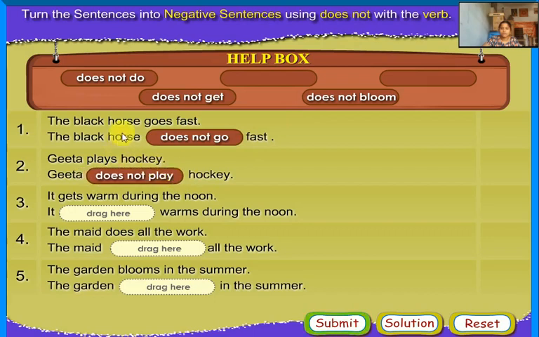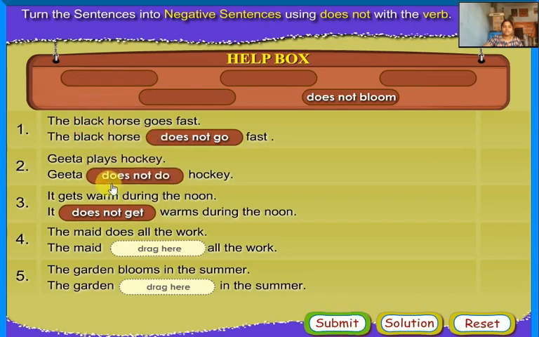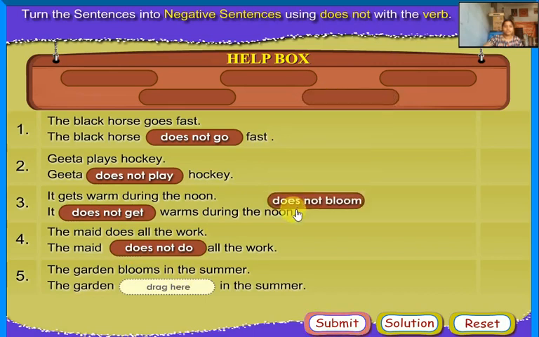It does not get warm during the noon. The maid does all the work. The maid does not do all the work. The garden blooms in the summer. The garden does not bloom in the summer.